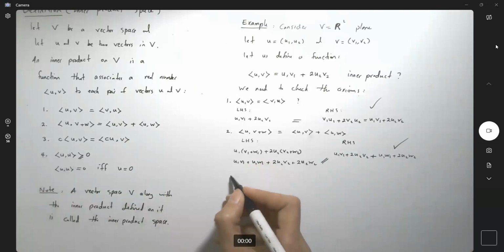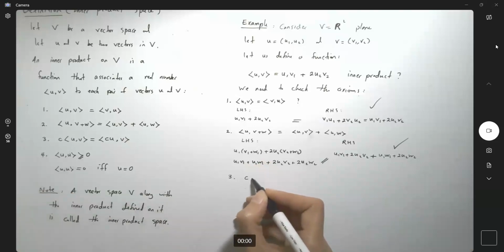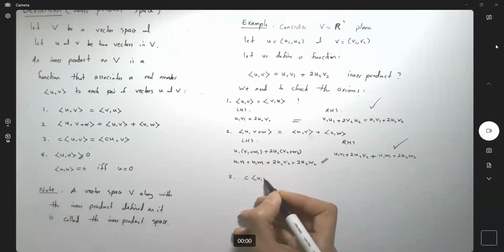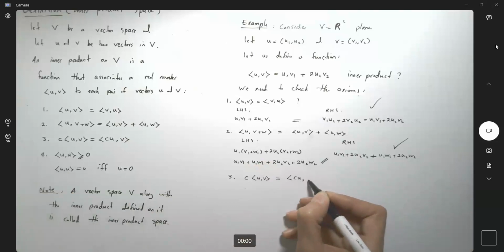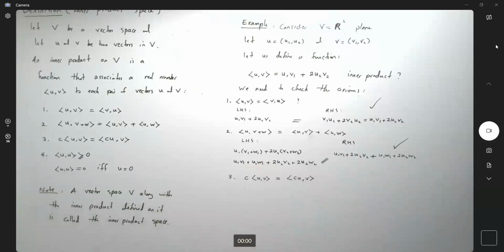Number 3 says, well, here you have C times the inner product of U and V. Is this equal to the inner product of CU and V? So on the left-hand side, we have C, open parenthesis, U1 V1 plus 2 U2 V2, which is basically C U1 V1 plus 2C U2 V2.